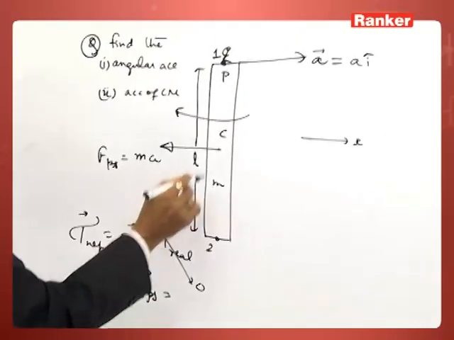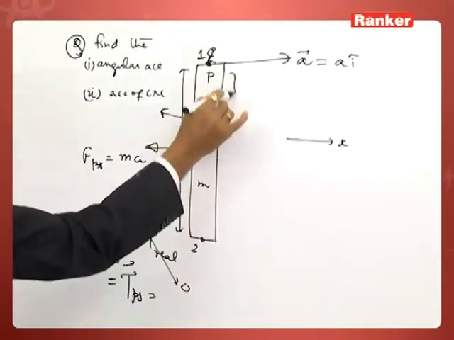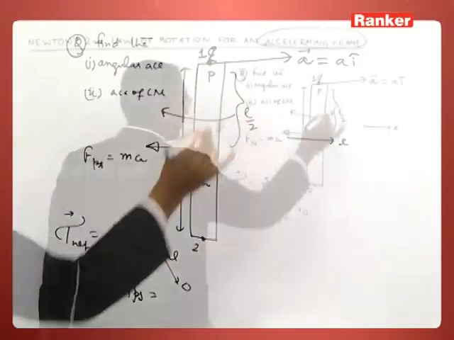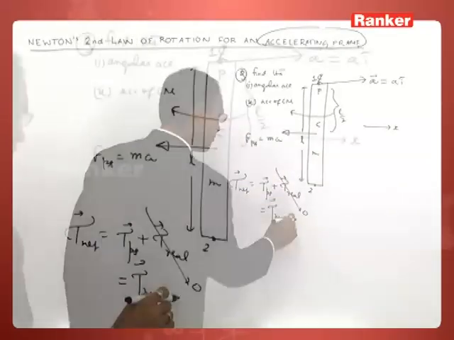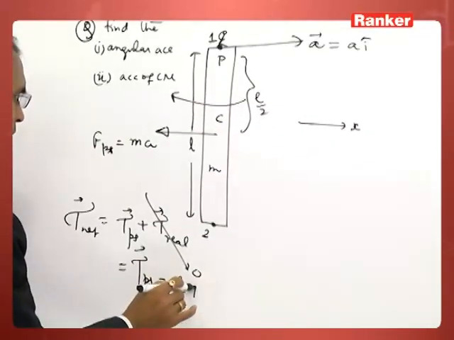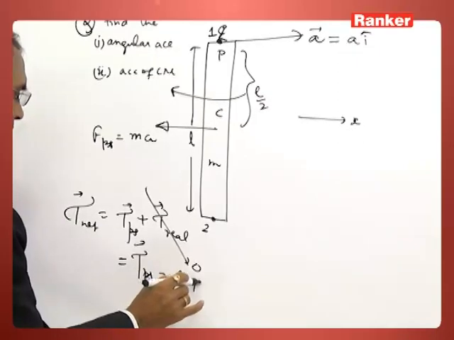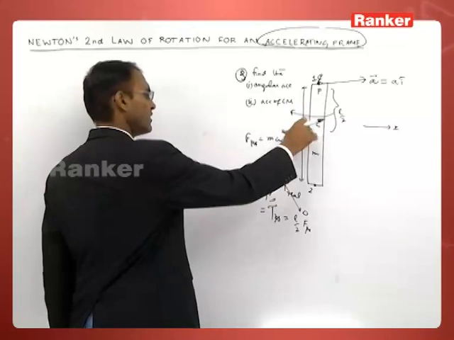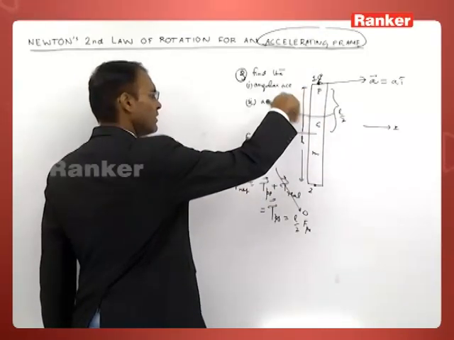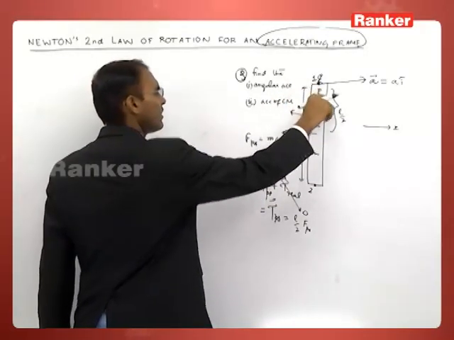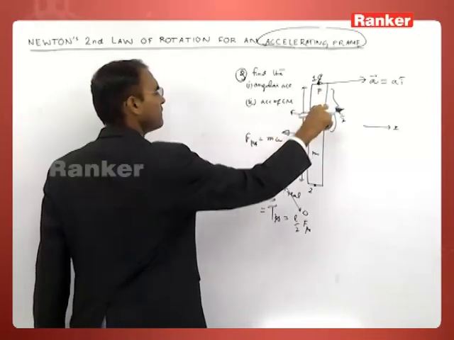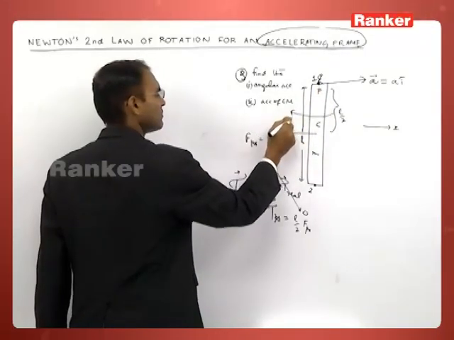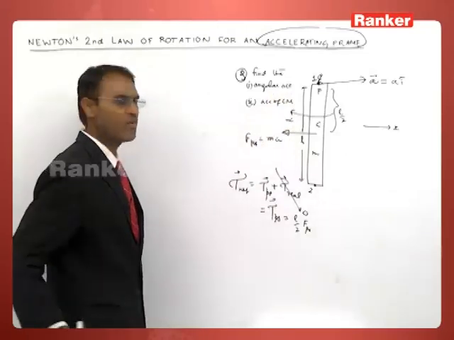The pseudo torque is equal to L by 2 into F pseudo. Which direction? The pseudo force will turn this rod in clockwise direction with some angular acceleration alpha.